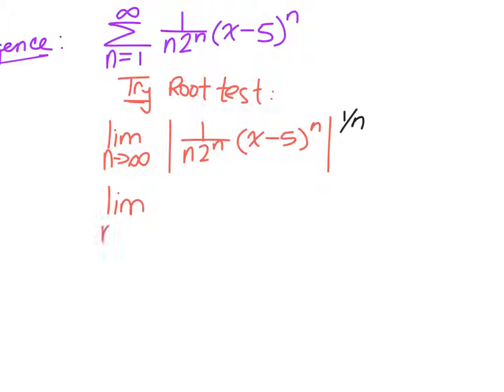So n approaches infinity. All right, nth root for everything. Nth root for everyone. All right, so 1 over n to the 1 over n, that's the weird part, times 2, that's not weird, x minus 5, still in the absolutes.